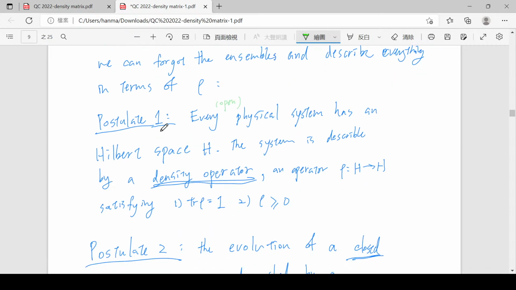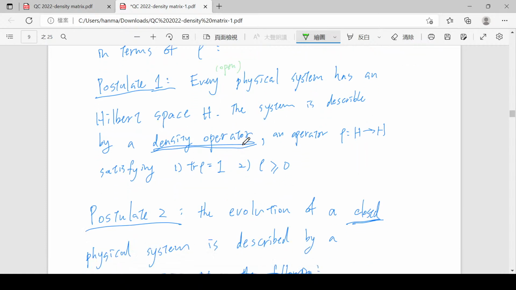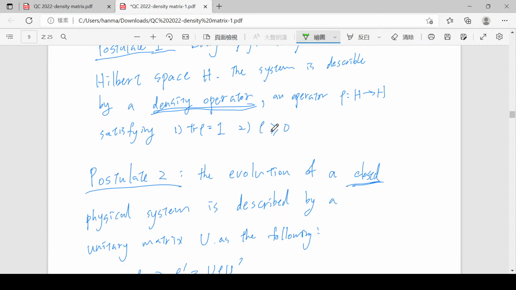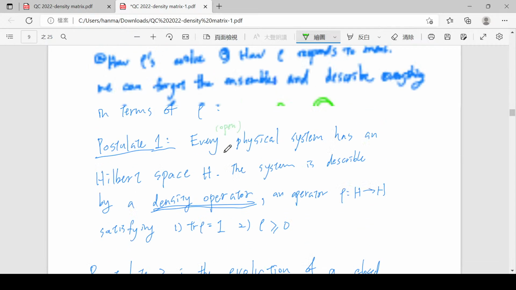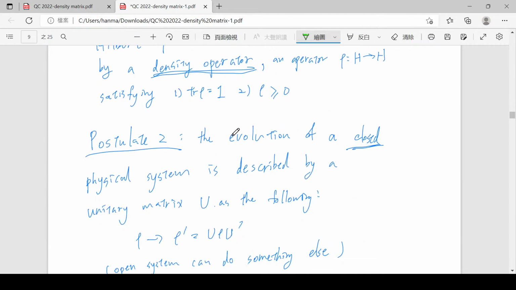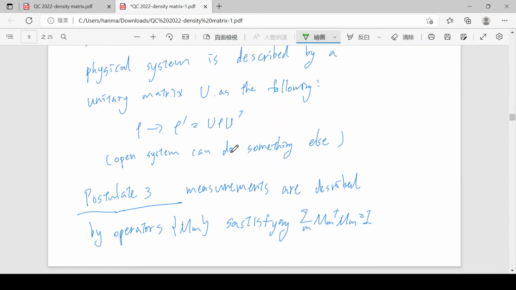A density matrix is a matrix that acts on some linear space, and it satisfies those two conditions we just talked about: it must be PSD and the trace needs to equal 1. Okay, we talked about open systems, now back to closed systems.